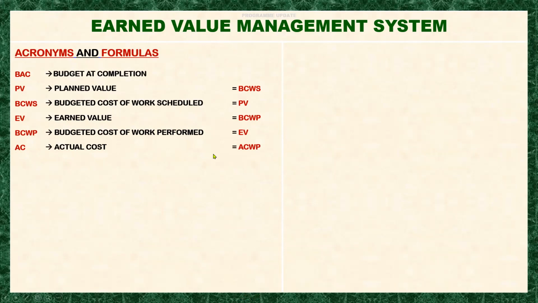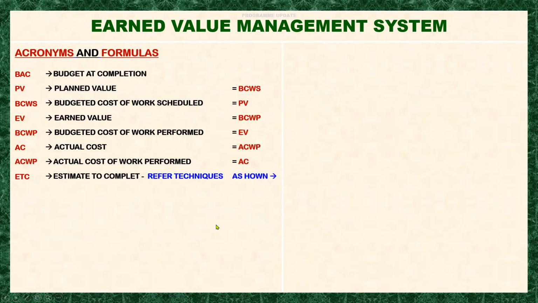So the actual cost of the work that you have performed, right? The acronym is just simple: AC, actual cost. ACWP is the actual cost of work performed, but they are the same as the actual cost.